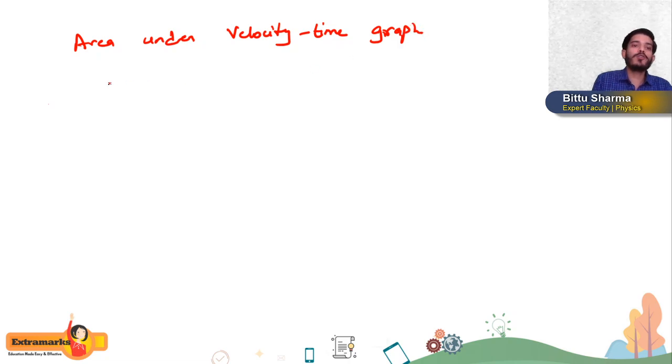Students, remember this: whenever you calculate the area under the velocity time graph with sign, you will get displacement.